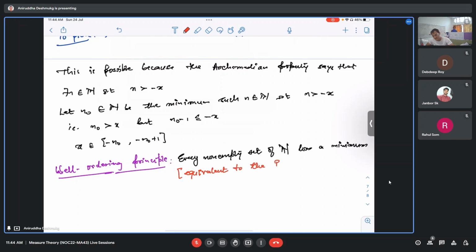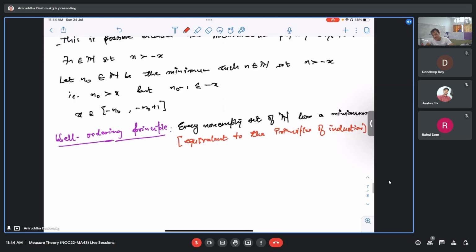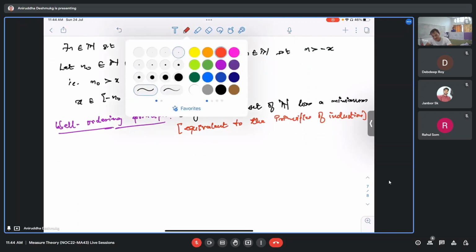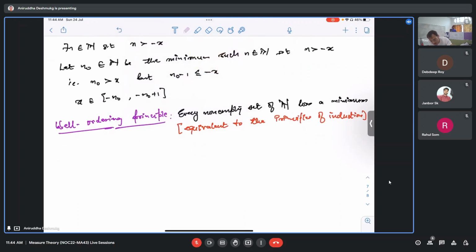For a proof of this, I don't know a lot of books. One book in which you can find this is A Foundation Course in Mathematics by S. Kumar.